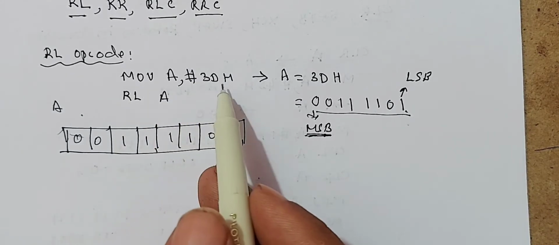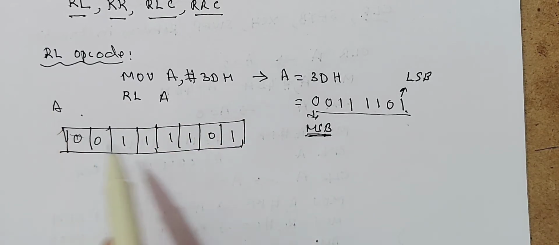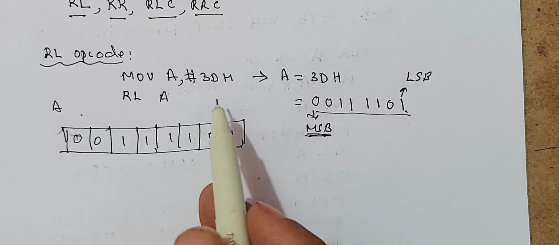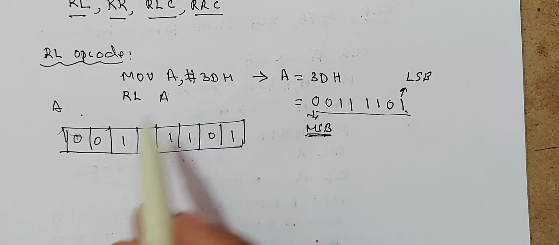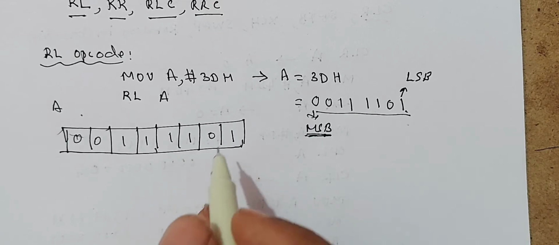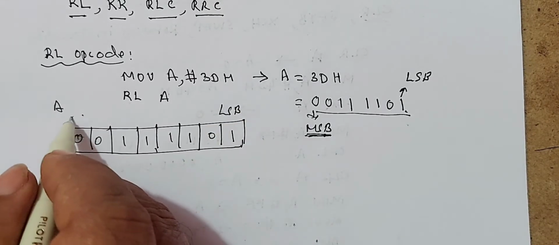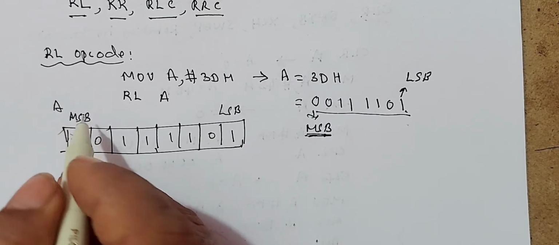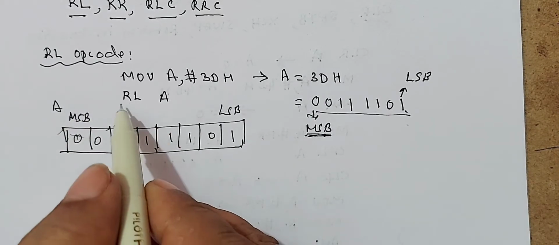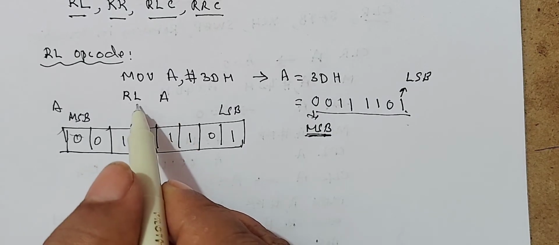MOV A, #3D means in the accumulator, an 8-bit register, the binary number equal to 3D is stored: 00111101. This is our least significant bit and this is our most significant bit. Next instruction, RL A, rotate the content of A to the left.